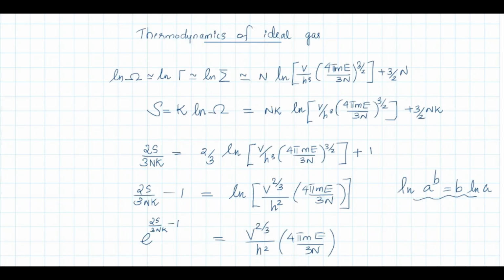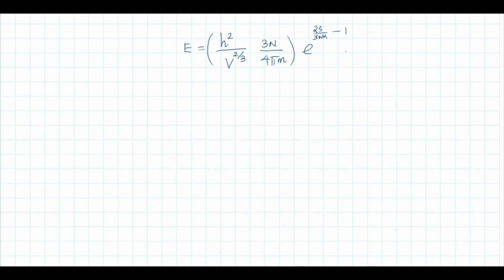E is h squared divided by V raised to 2 by 3, 3N divided by 4 pi m, e raised to 2S by 3 N k minus 1. Keep this E here, take all the terms to the left hand side, then you will get E as this. Call this equation 1.